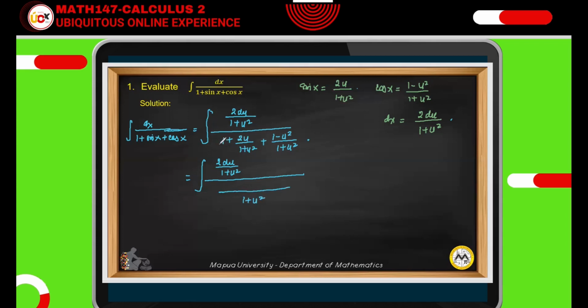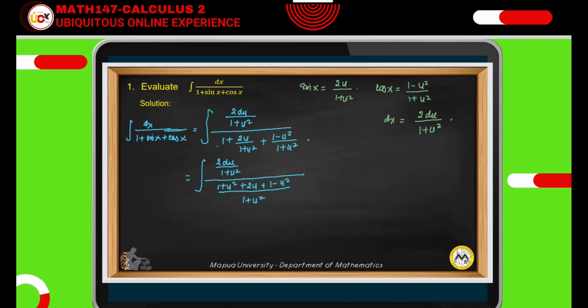Multiplying 1 by the common denominator gives us 1 plus u squared, then plus 2 times u, and then plus 1 minus u squared over the common denominator 1 plus u squared.